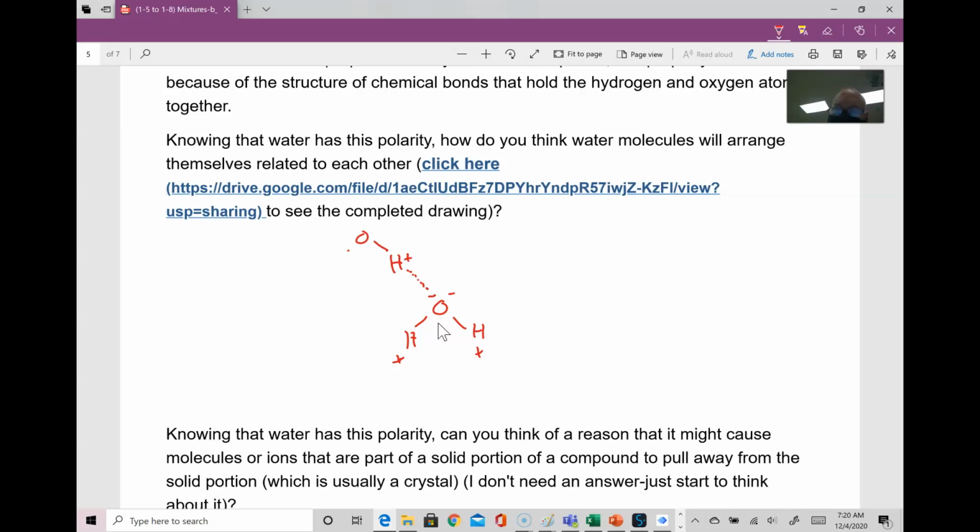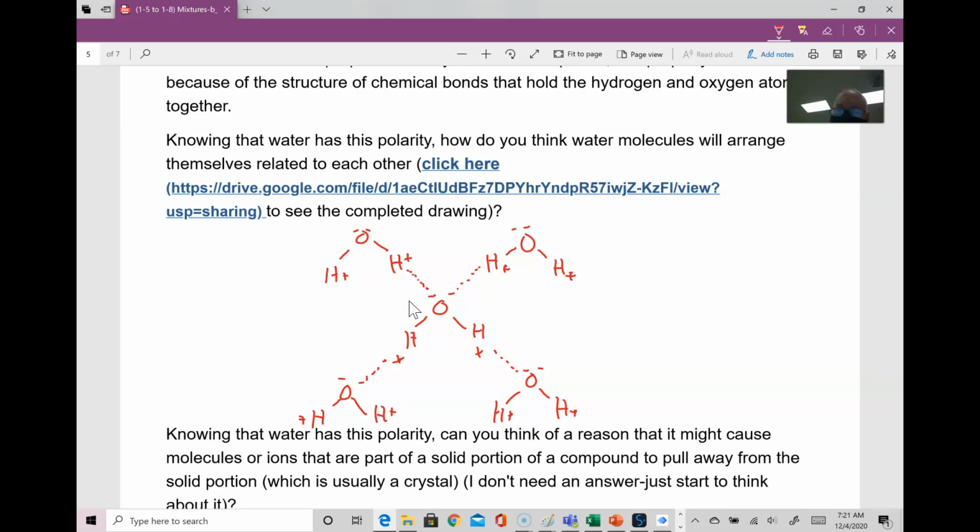So if I've got a neighboring water molecule over here, the positive end is going to attract to this negative end here. And then the negative part here is going to attract to this positive part of a neighboring water molecule. And then the positive end here is going to attract to this neighboring water molecule. And then the positive end of this water molecule is going to attract to the negative end of this water molecule.